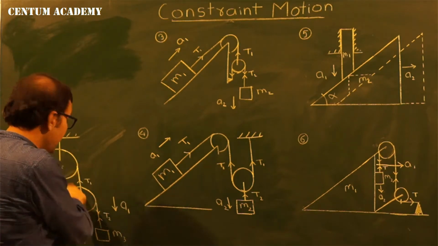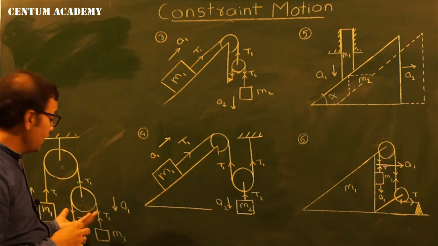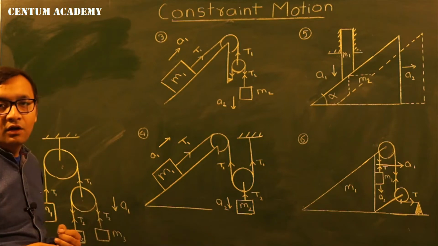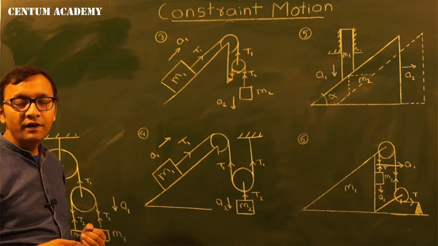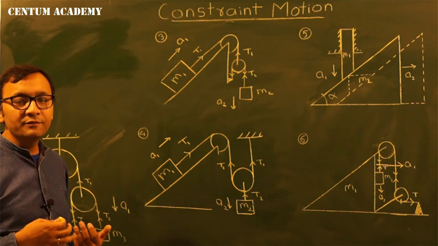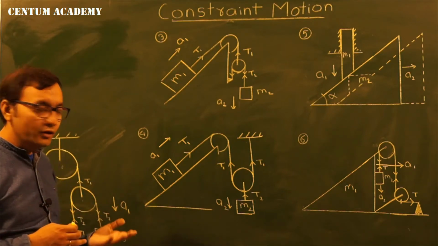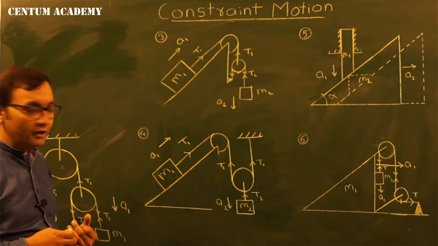Because the string is inextensible. So whatever distance M1 moves, the same distance the pulley will go down. Fine. So this is in terms of displacement. Now when you take a derivative of displacement, you get velocity and acceleration. So if their displacements are equal, their accelerations must also be equal.